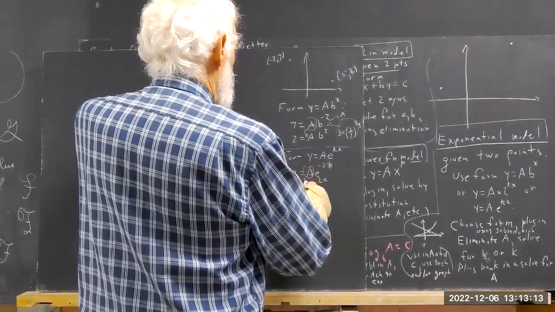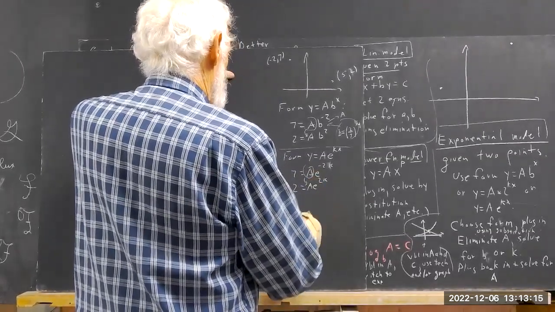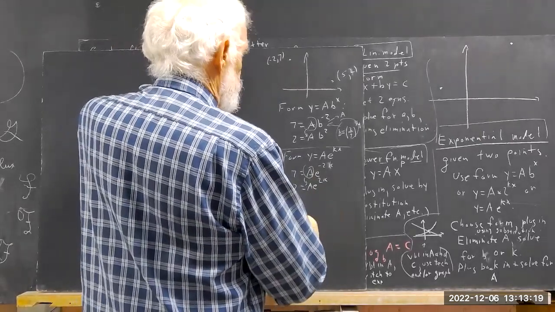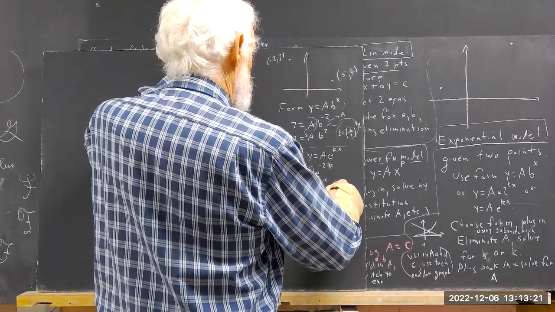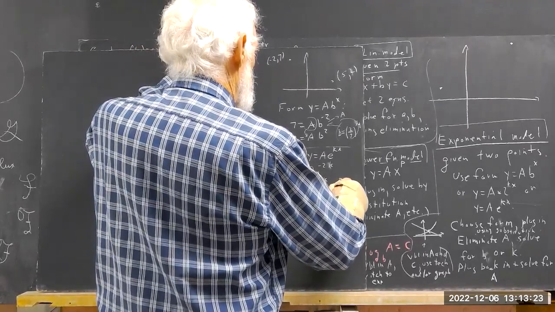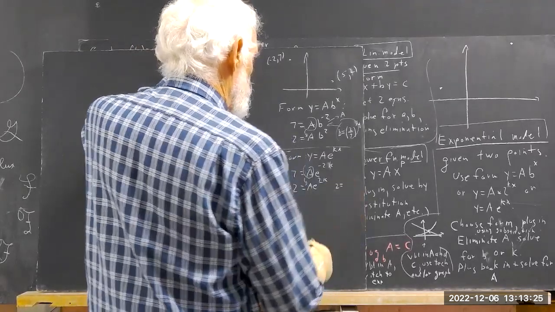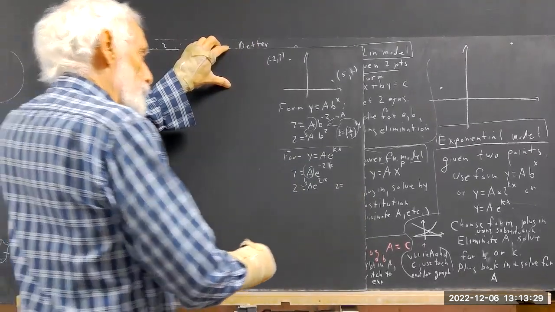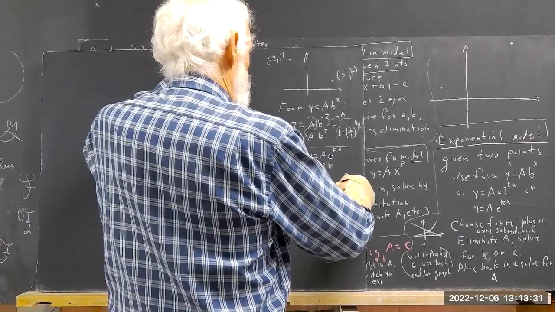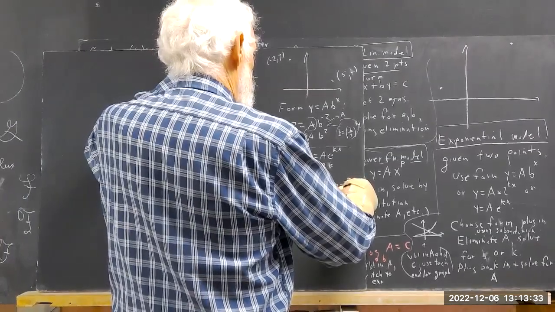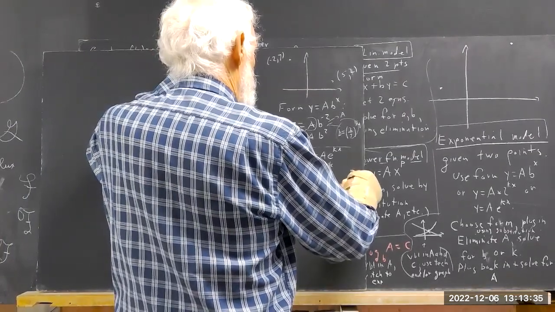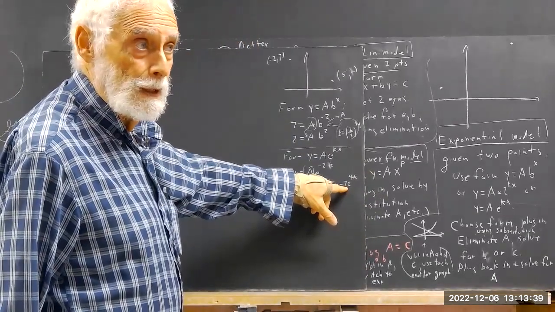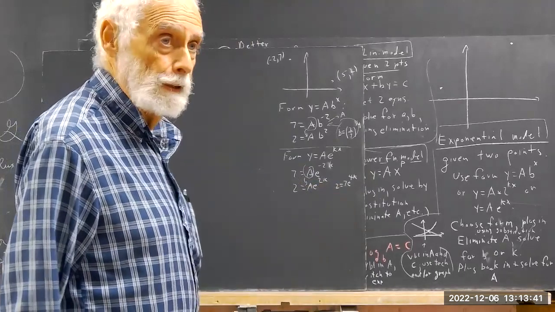You solve this for a, you put it in here, and you get, all right, I'm not going to write the solution because in a couple of steps, you get 2 equals 7 e to the 4k. How do you solve 2 equals 7 e to the 4k?